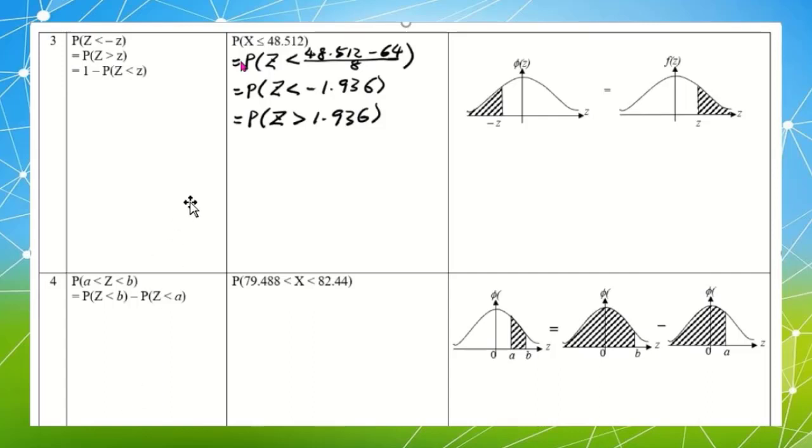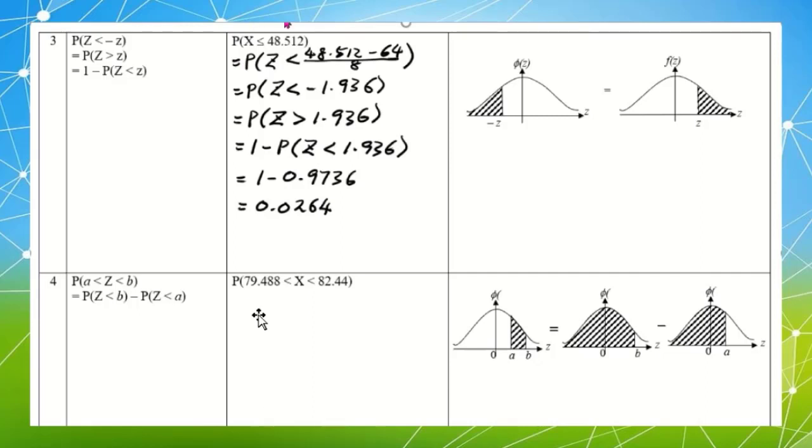So therefore here when I change greater than to less than, I get 1 minus z less than 1.936. Now I'm ready to use the table because this one is positive and this one is less than. So when I look at the table, I find that the value is 0.9736, and after minus, the answer is 0.0264.